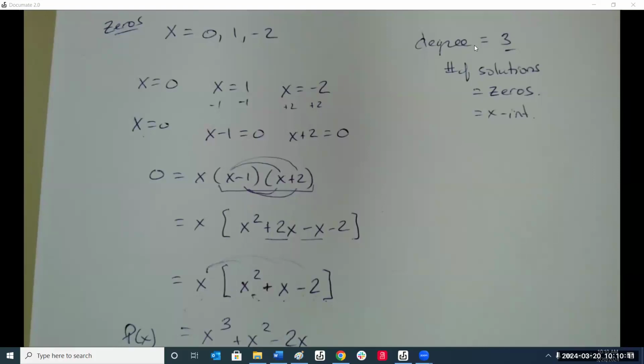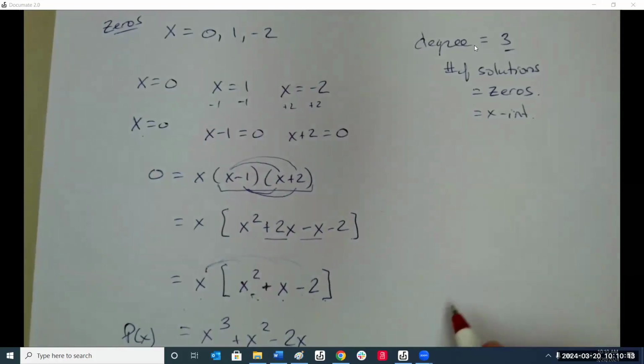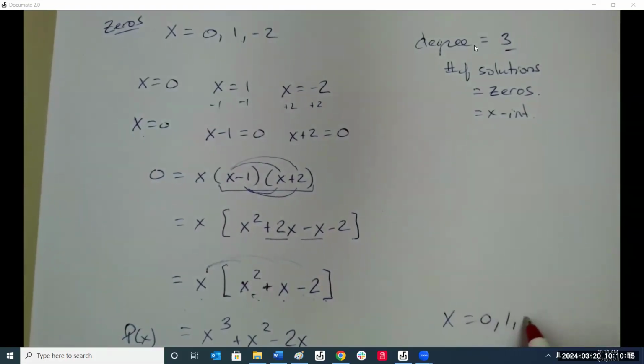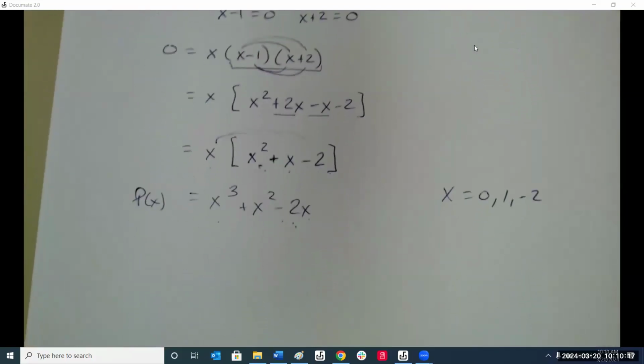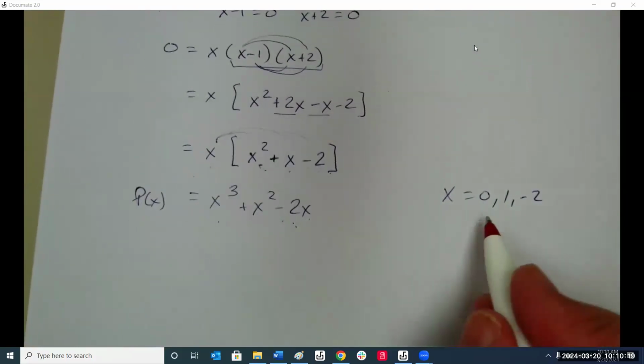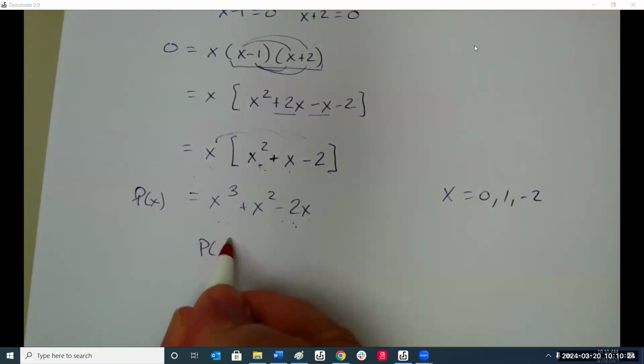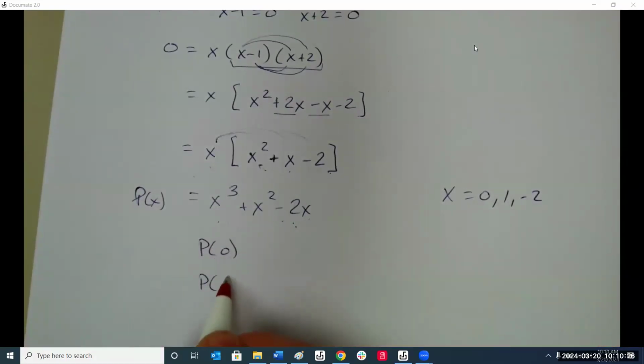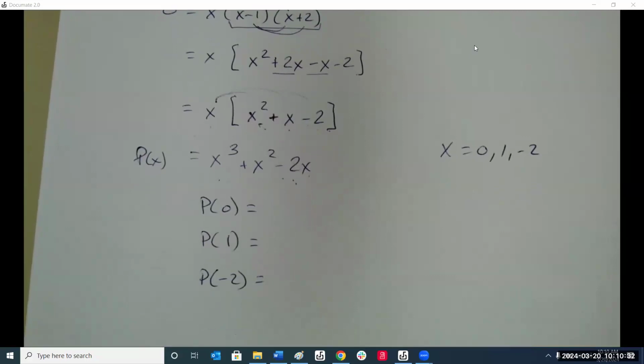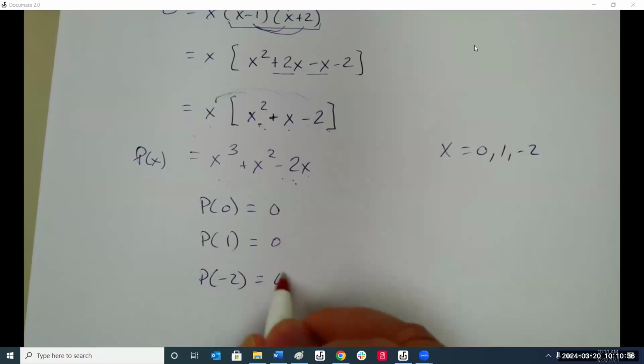So far, so good. So now, we know the zeros were 0, 1, and negative 2. How do I know these are my zeros? If I plug those inside this equation, what's going to happen? Yeah, they should all equal 0 because they're zeros.